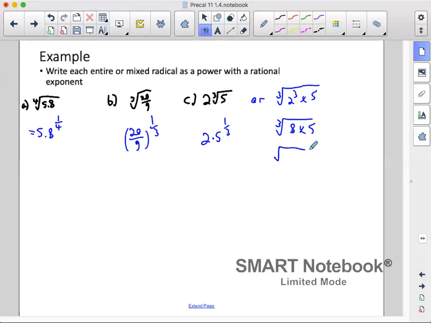So that would be the cube root of 40, which would be 40 to the 1 over 3. Now this is probably the preferred one because this is more simplified.